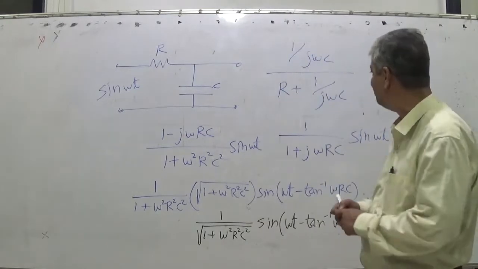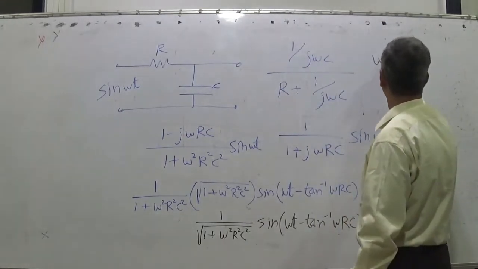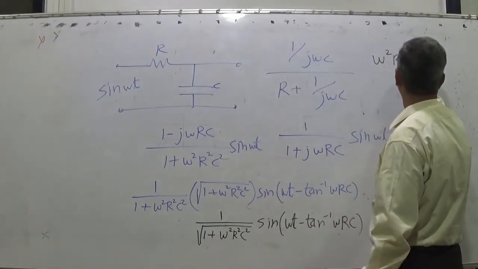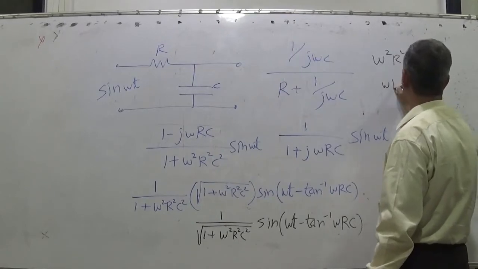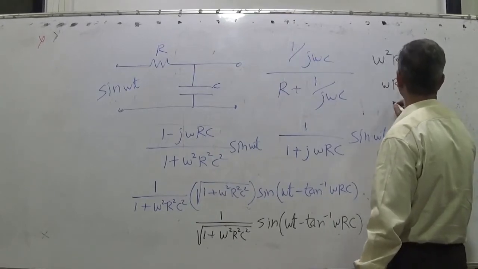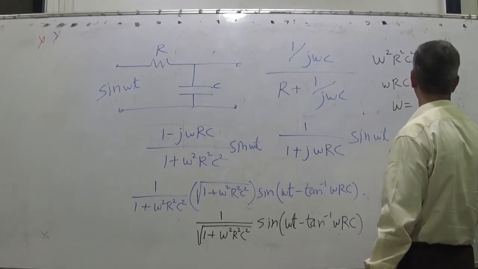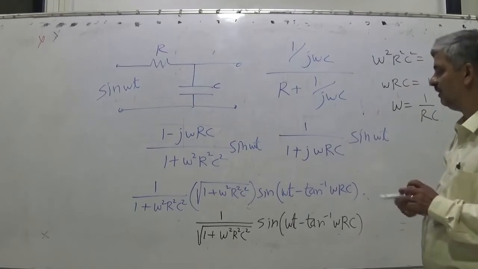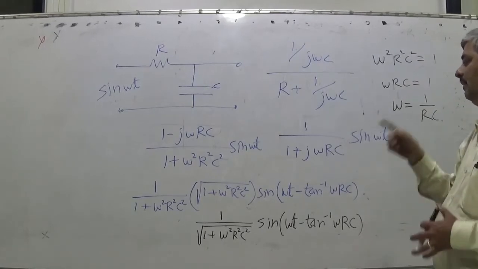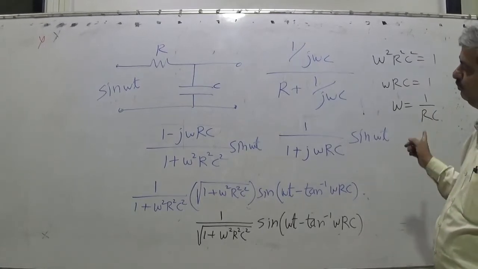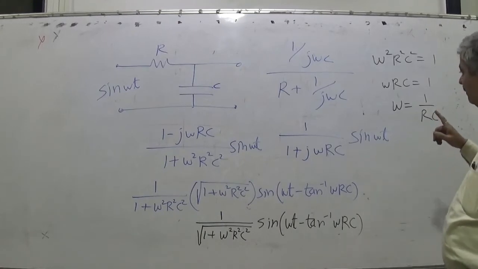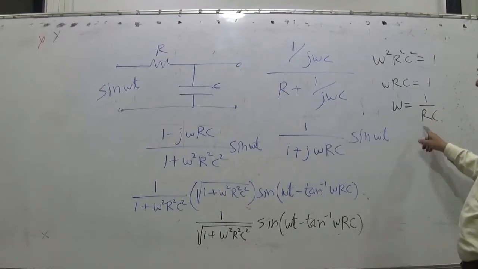So at what frequency does it become that? At omega square R square C square equal to 1, that is omega RC equal to 1, that is omega equal to 1 upon RC.